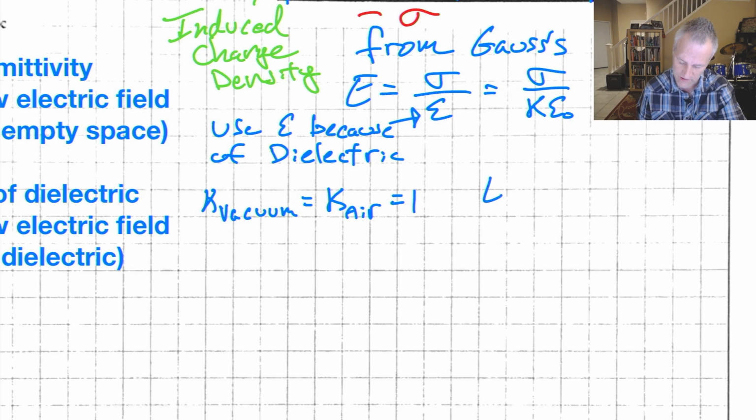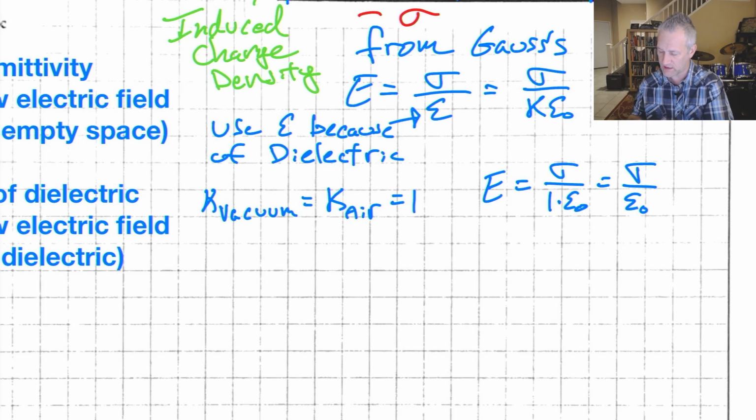And that's going to give us the electric field equals sigma over 1 times epsilon naught, which is just sigma over epsilon naught.